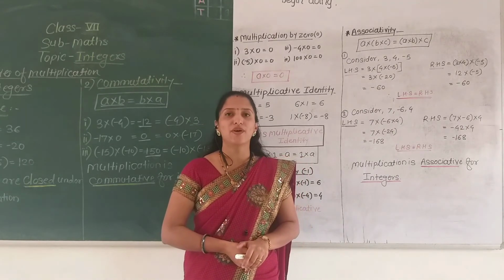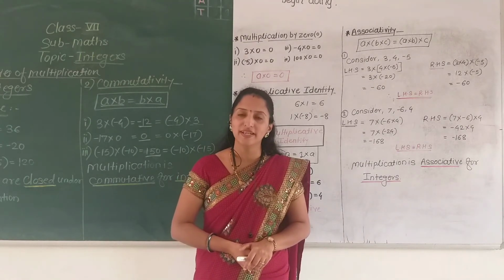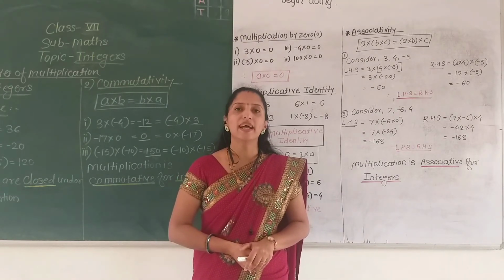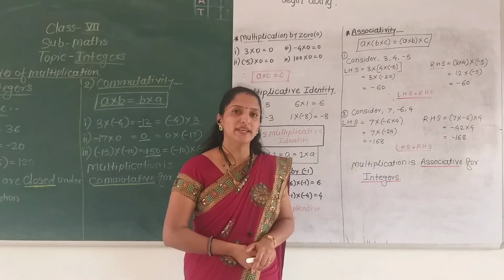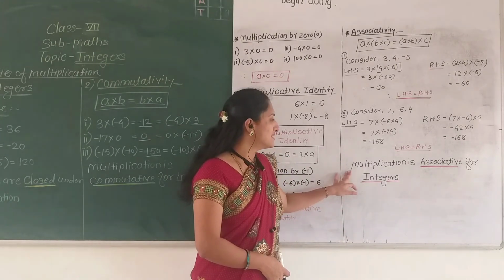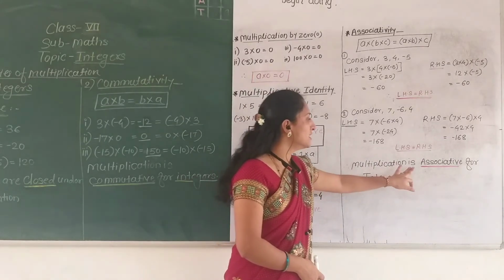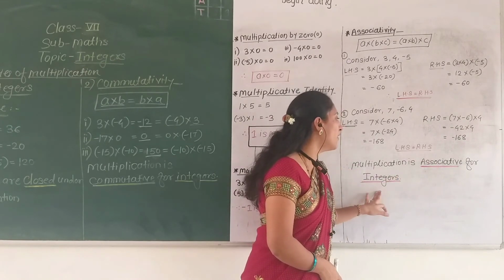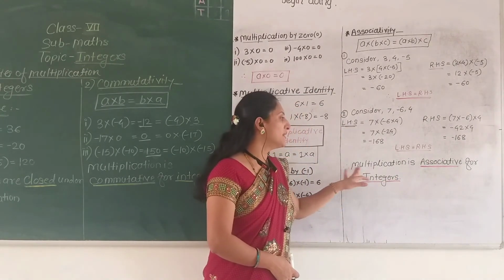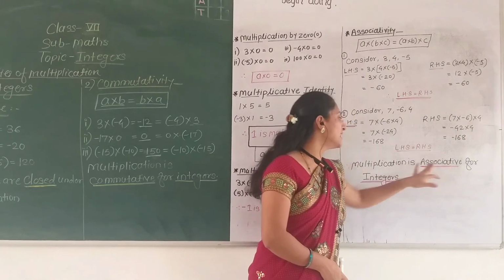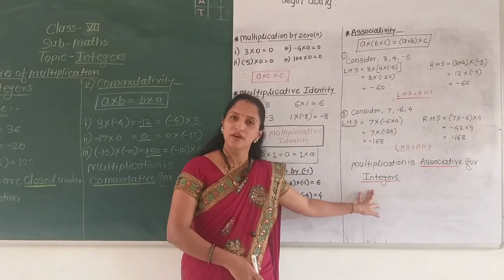This property is called the associative property. So we say multiplication is associative for integers.